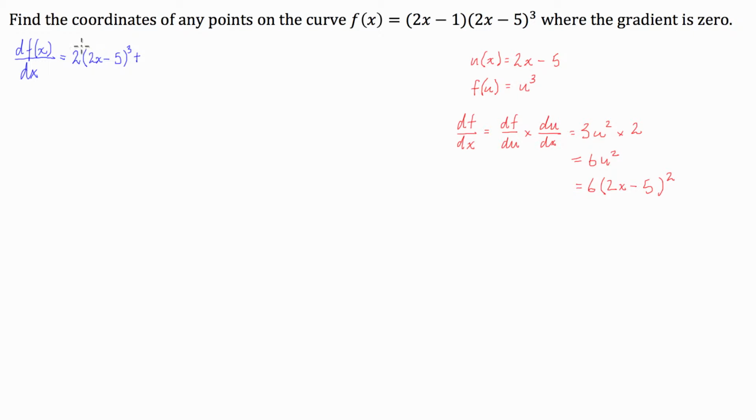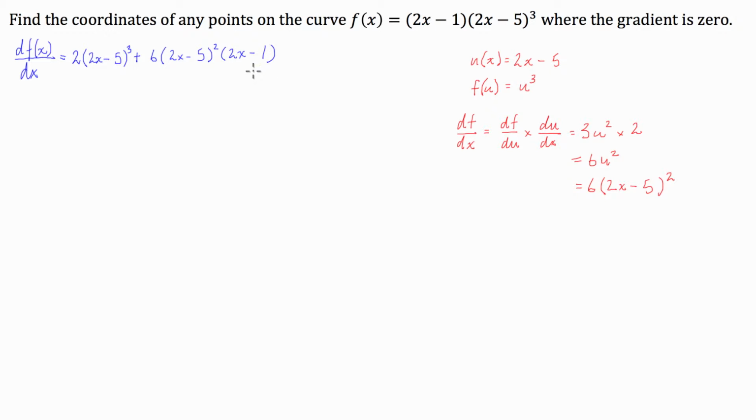So we've got the derivative of the front function times the back function, and we have to add that to, this is the product rule, the derivative of the back function, which we just, using the chain rule, solved out to be this: 6(2x minus 5) all squared times the front function, which we leave alone, we don't do anything. So we just go 2x minus 1. Cool. Now that's our gradient function.